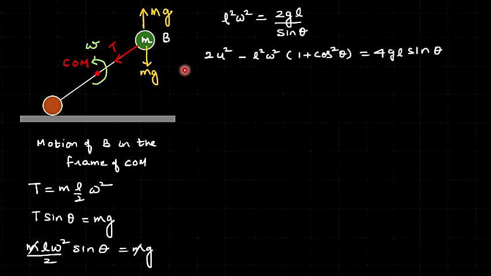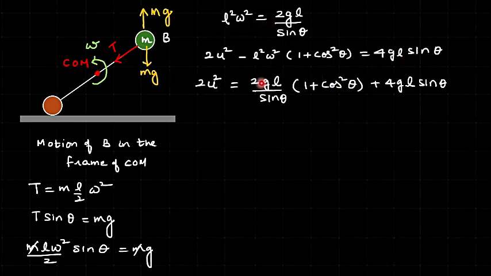So in the last page we got this relation from the conservation of mechanical energy and velocity constraint. So L omega square, put it here, and you check your own calculation, right? I have written previously, so as to save the time. So after that, we will get this relation.